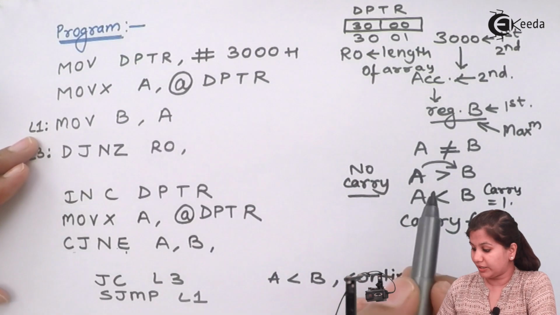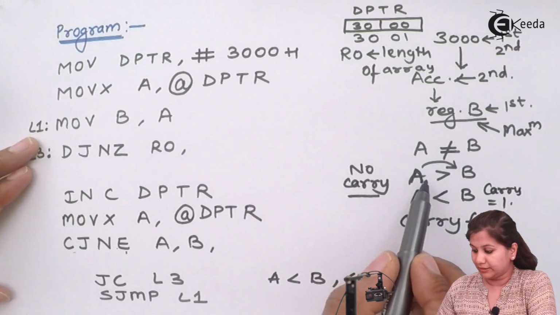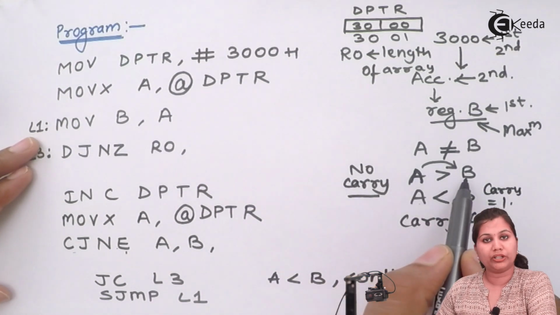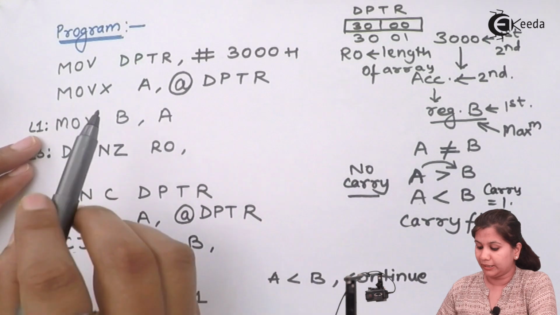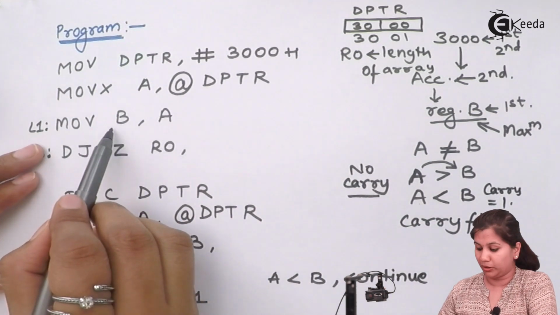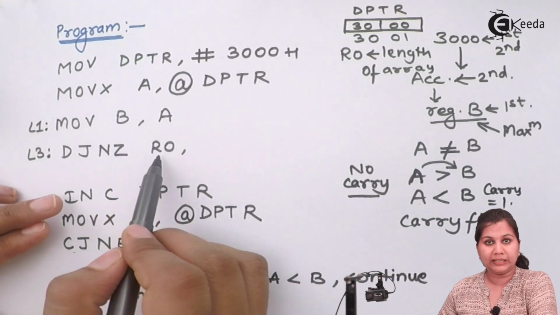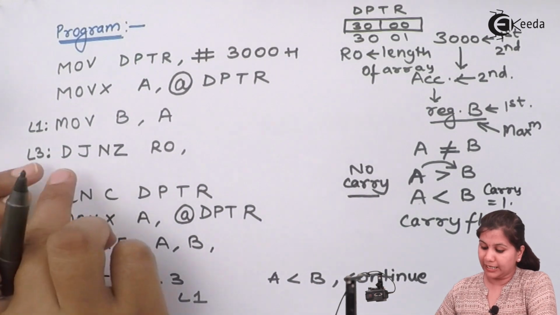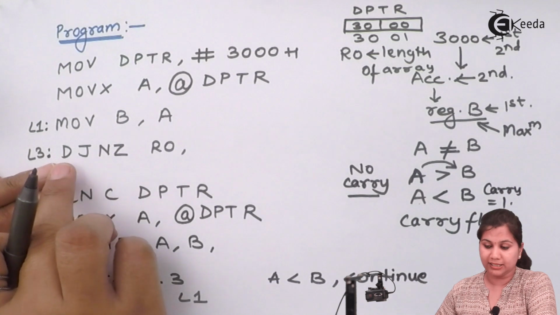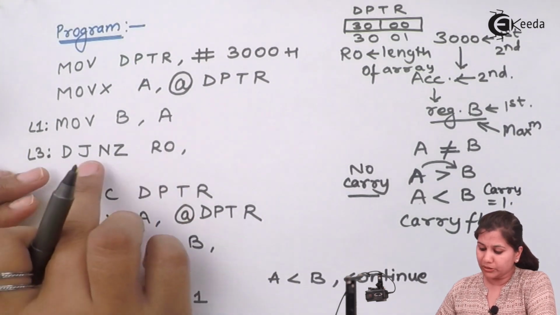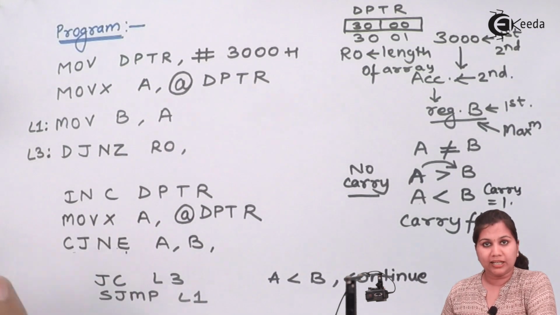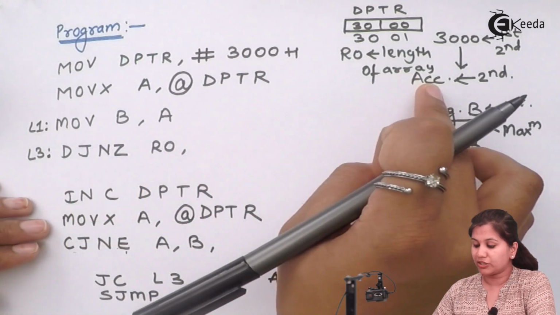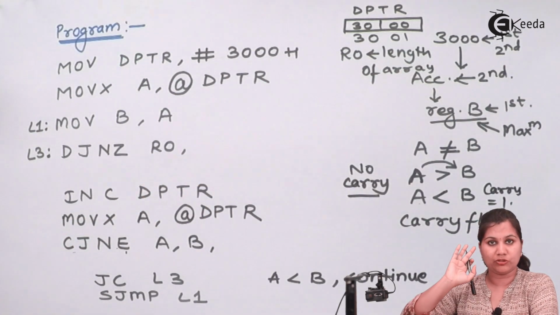The number which is greater, present in A, will be moved into B. Okay, in B we will get the maximum number. Again the pointer will be decremented and the process will be repeated. Now suppose that at this position DJNZ, when we are decrementing our counter, we have reached the point where all 10 elements have been checked.